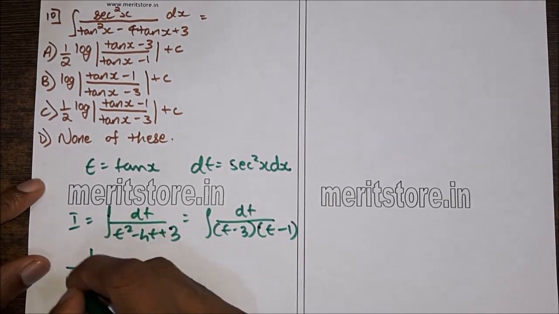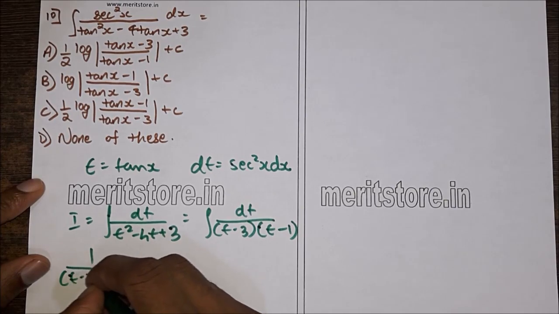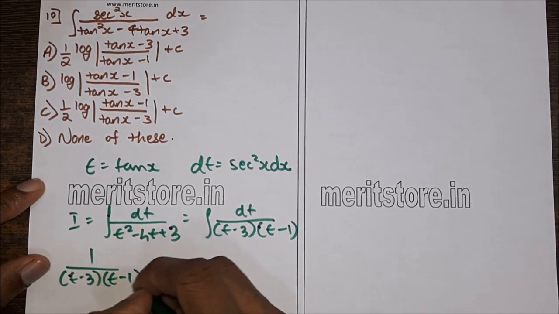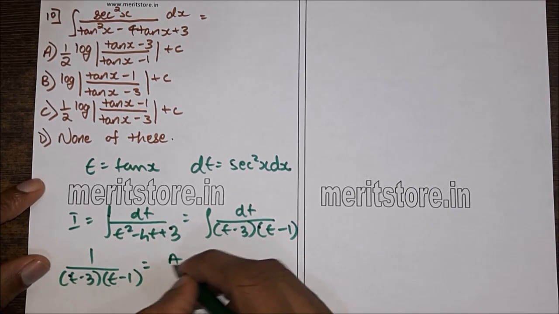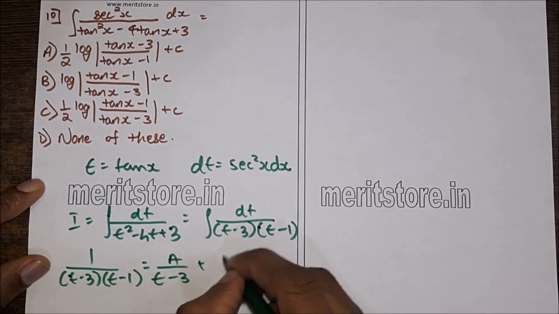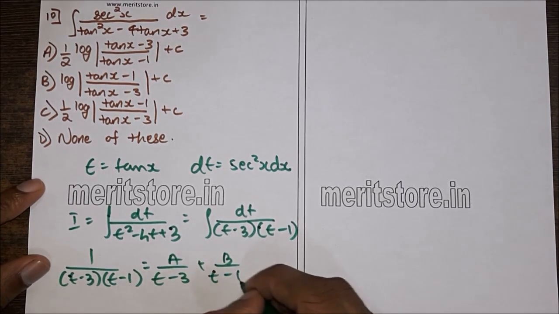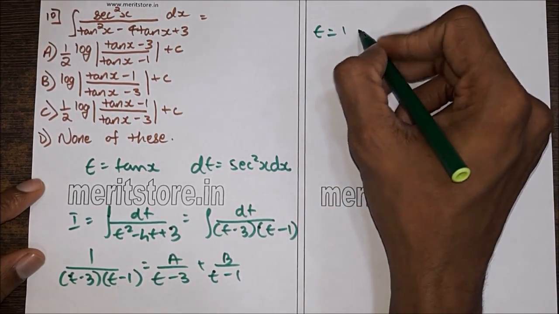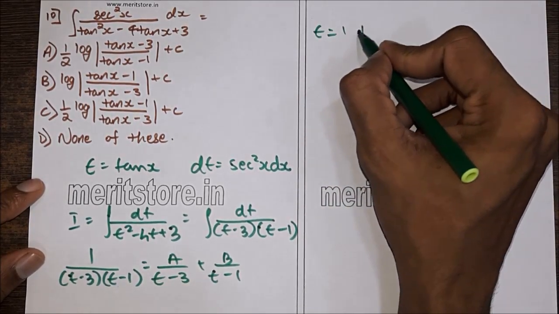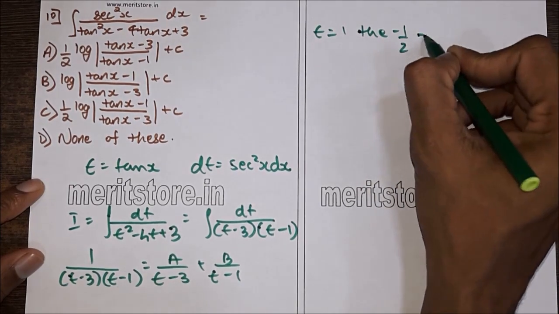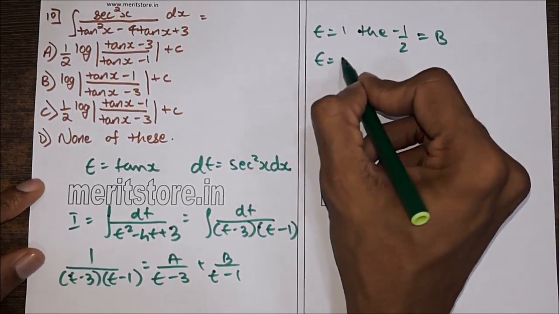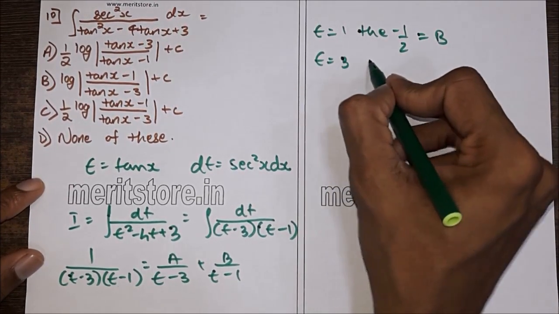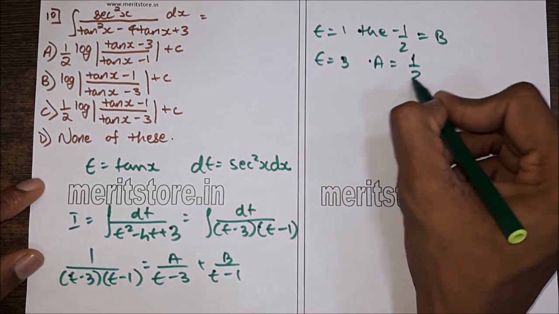Further, we can write this as 1 upon t minus 3 into t minus 1 equal to a by t minus 3 plus b by t minus 1. If t is equal to 1, then minus half is equal to b. If t is equal to 3, then we get a is equal to half.